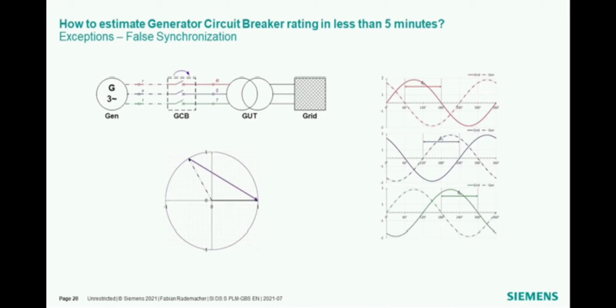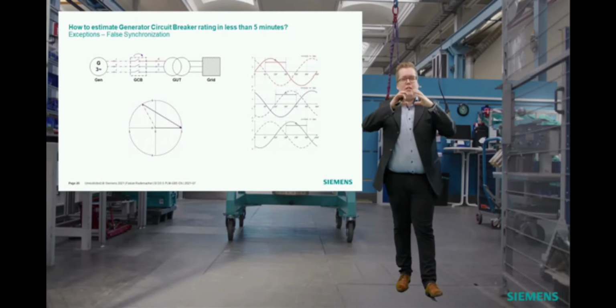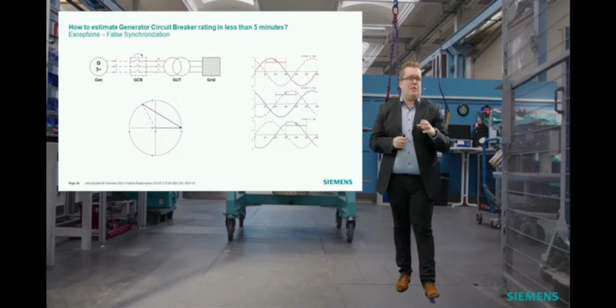What will happen then is, due to commissioning errors, we have a wiring mistake at the generator circuit breaker, and the tripping signal will give a closing command to the generator circuit breaker to close on a false synchronized voltage. So we have another phase sequence, for example. This will lead to a so-called out-of-phase current, having a very special transient characteristic.